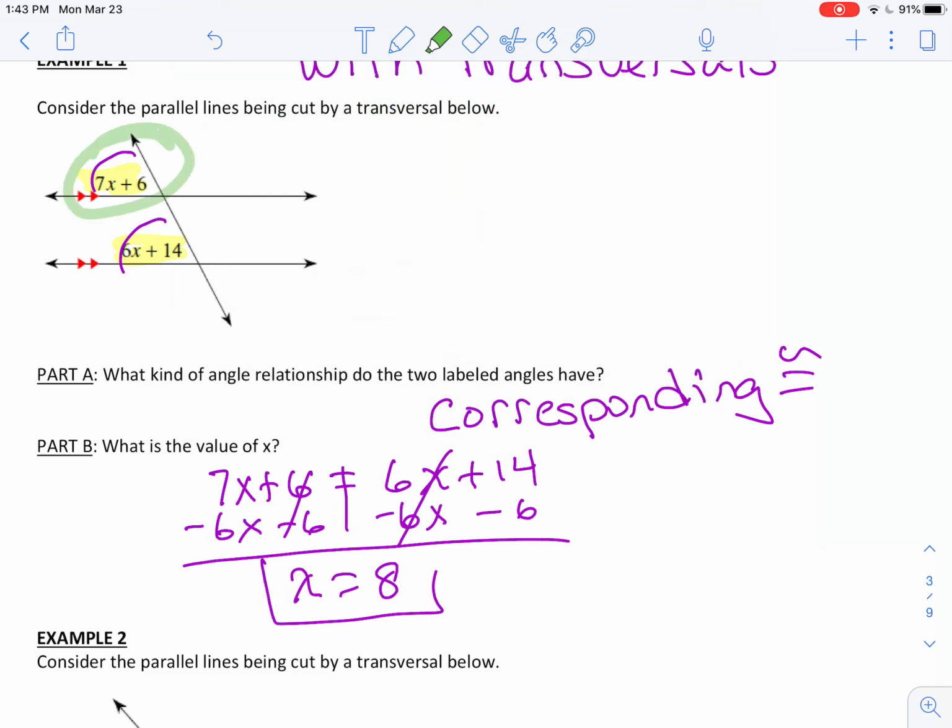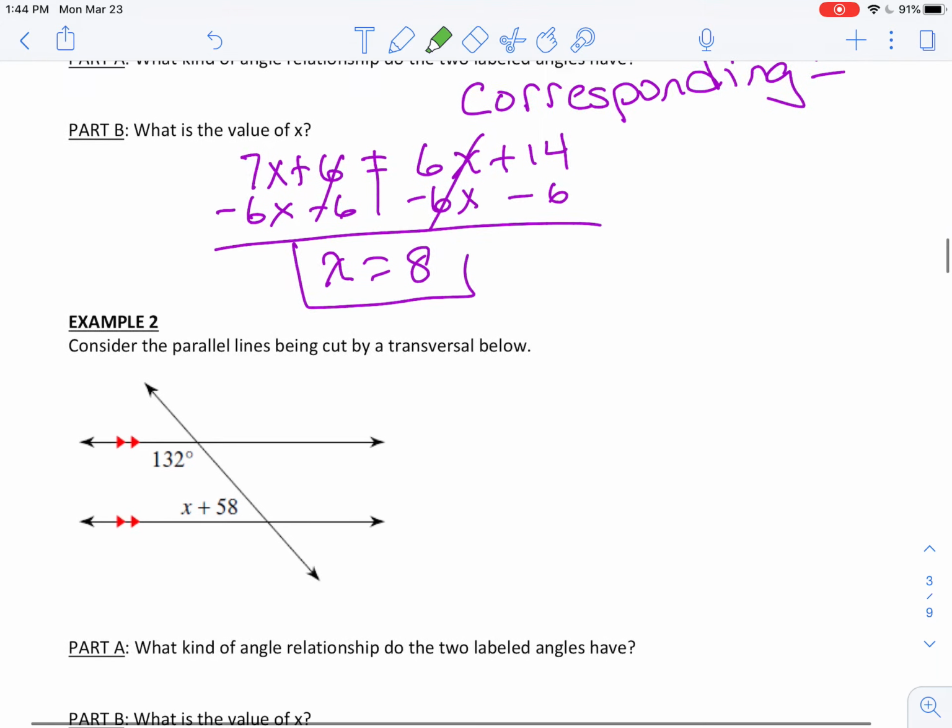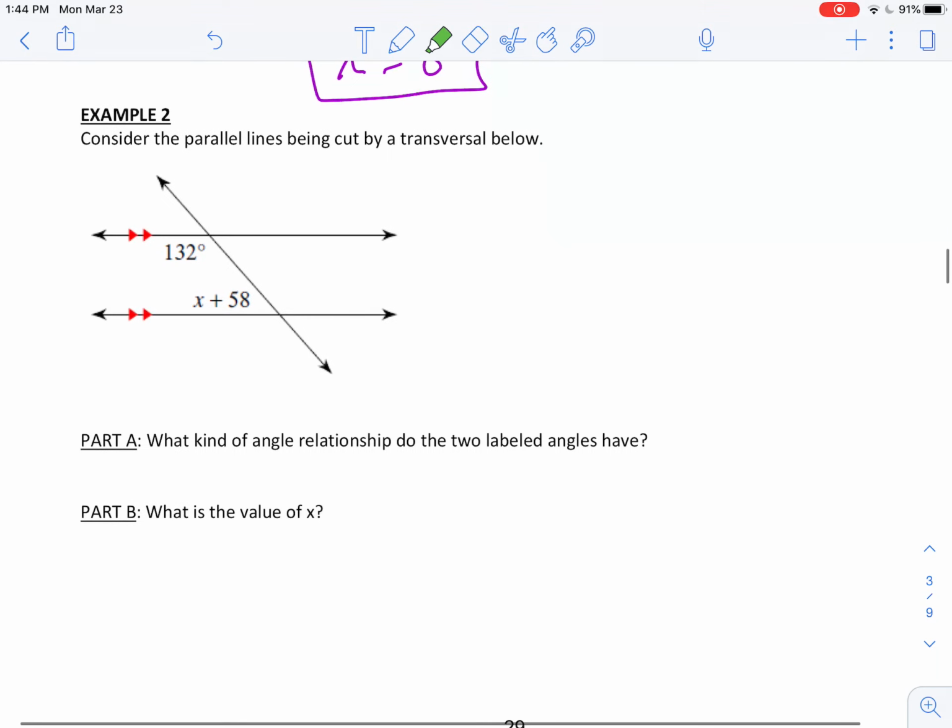They're the twin angles. If you cut this first angle up here and then you moved it, it would lay right on top of this angle right here. You could do that with wax paper. Trace over the first angle. It's going to be exactly the same size as that other angle. They're corresponding angles and they're congruent. We use that information to write our equation, and then of course we just solve.